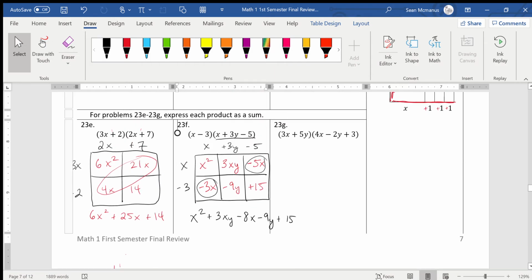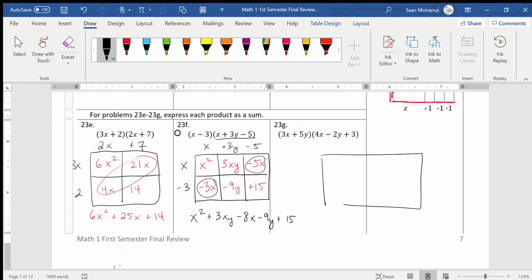All right, so 23G. This is really similar to the last one, so I'll do this one fast just so we see what's going on here. So 3x and 5y, 4x minus 2y plus 3.